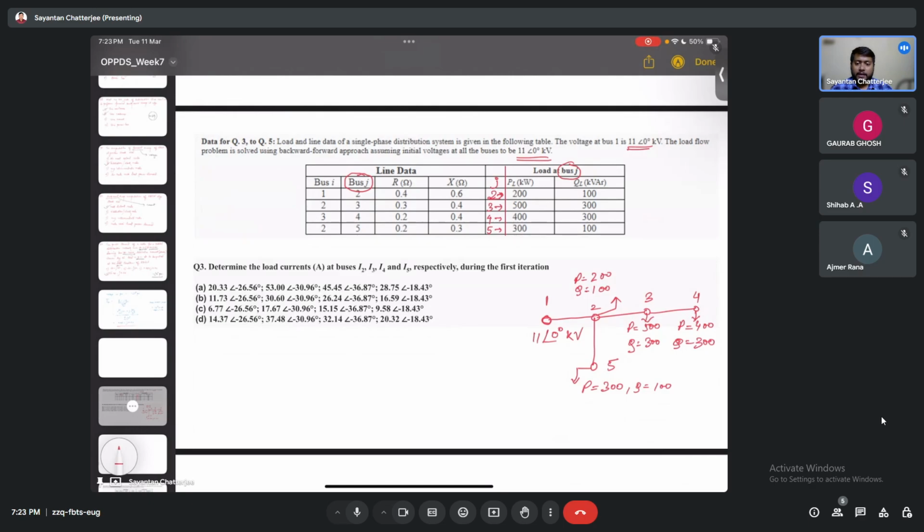If you can find any one of these values, the first I2, since it's an MCQ and all the options are different for I2 itself, you can find it out from there.